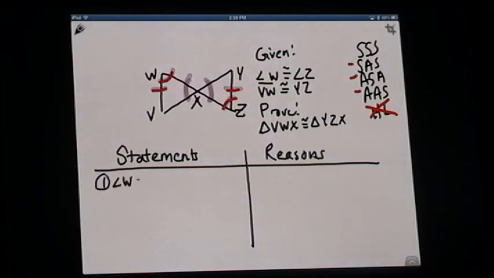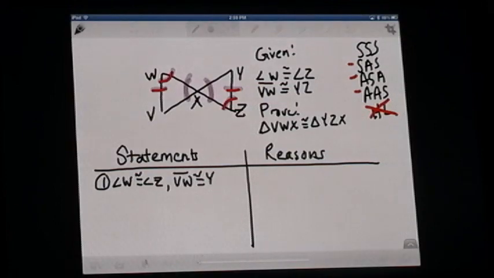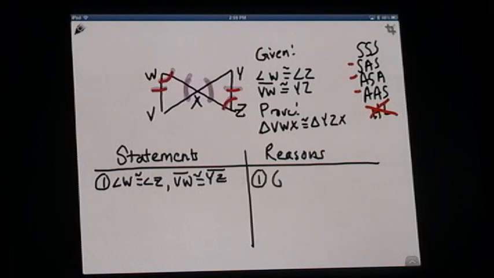Angle W is congruent to angle Z, and VW is congruent to YZ. And that is given.